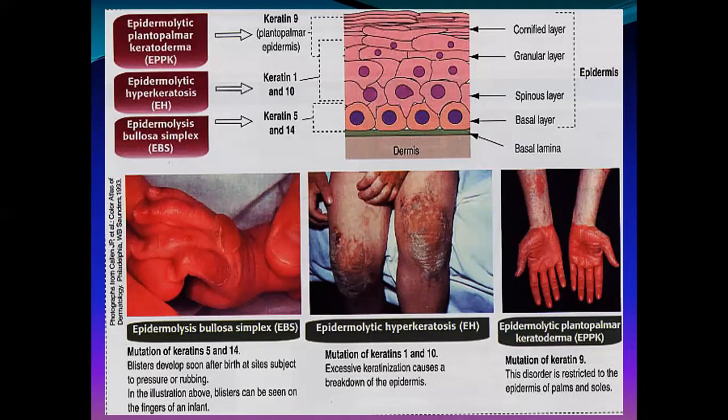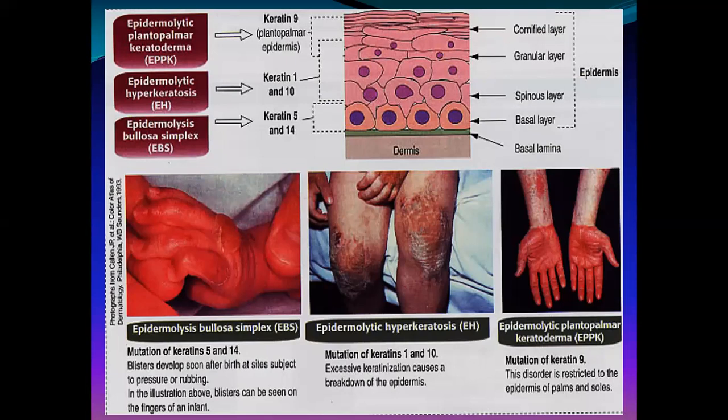Epidermolytic palmoplantar keratoderma, right? These are the things that can happen. Different levels of skin lesions can take place when you have a defect in keratin, and there are different types of keratin that can be defective.